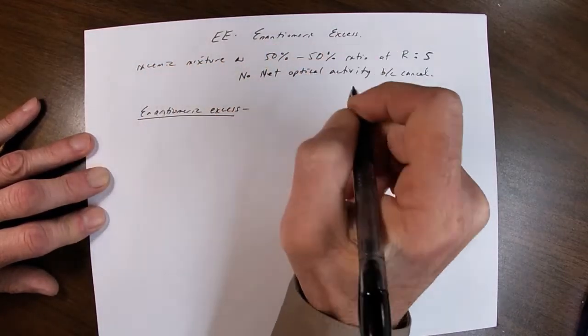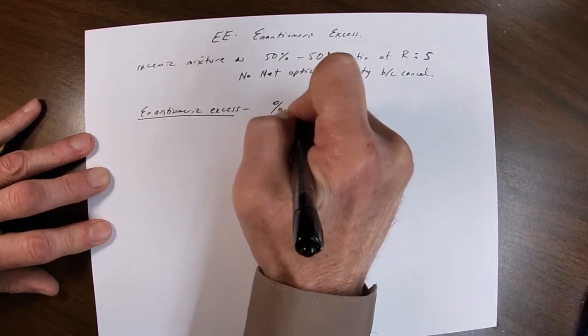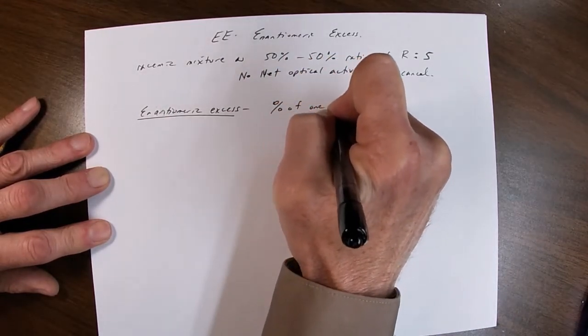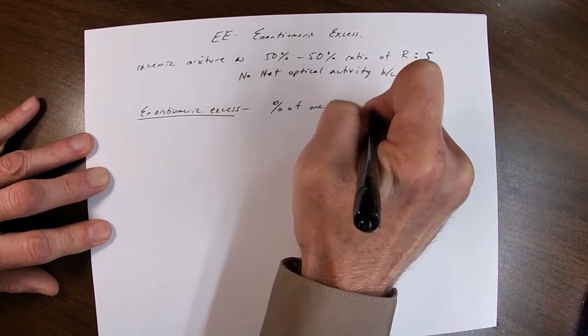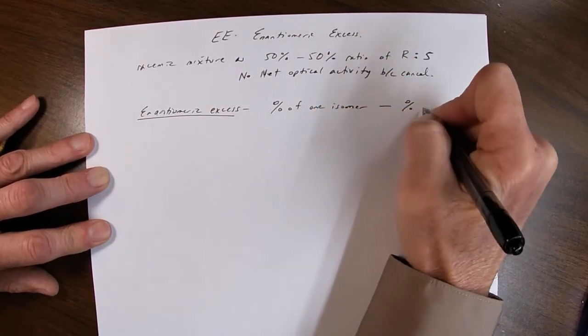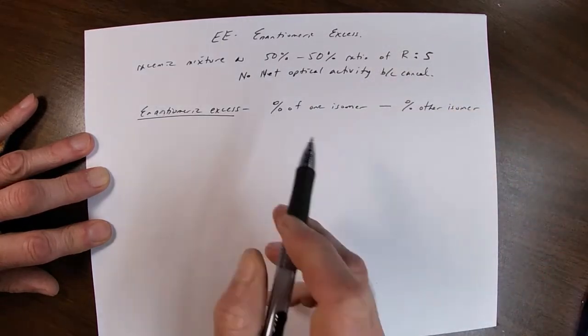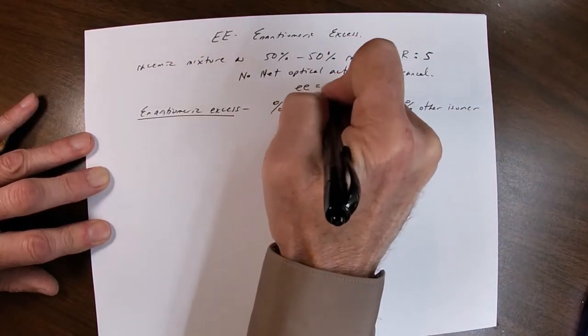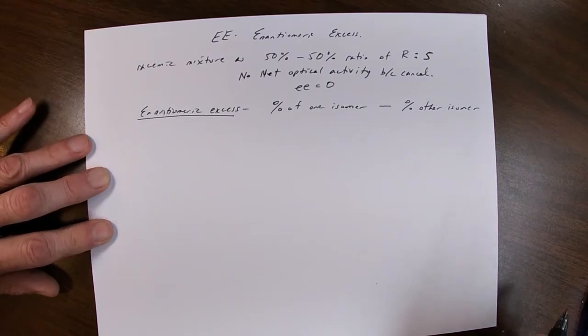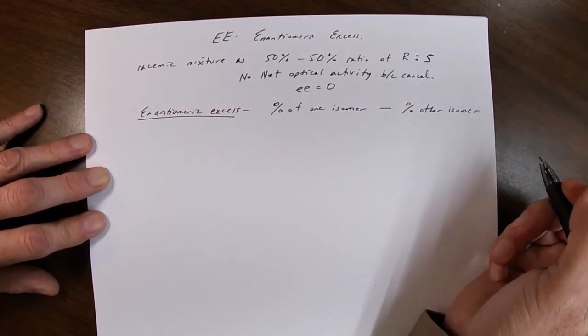Again, this is just the percent of one isomer minus the percent of the other isomer. So the enantiomeric excess of a 50-50 mixture is 0. 50 minus 50 is 0.